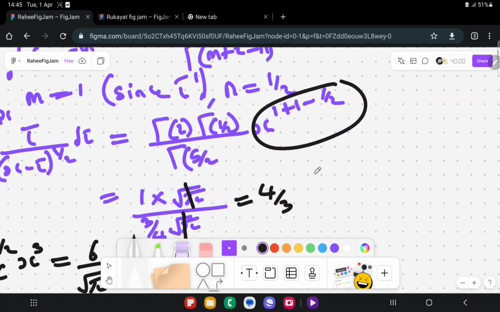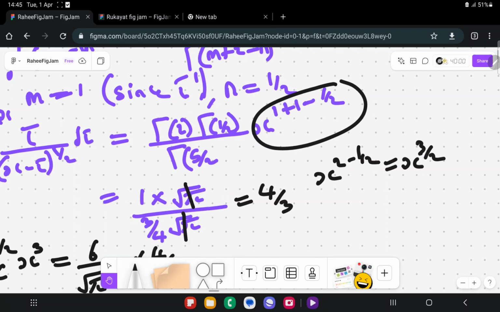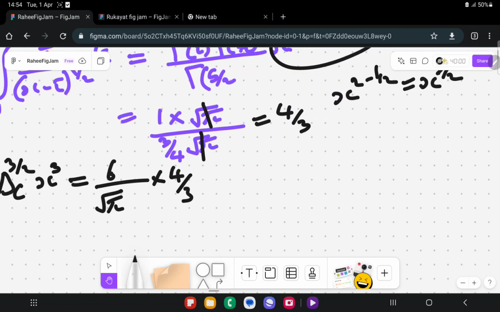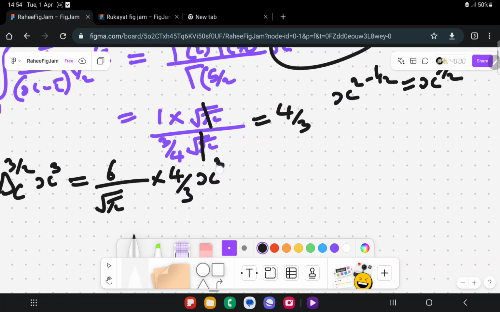If we simplify this, we have x raised to power 1 plus 1 is 2, minus 1 over 2, which is the same thing as x raised to power 3 over 2. So here we have x raised to power 3 over 2.